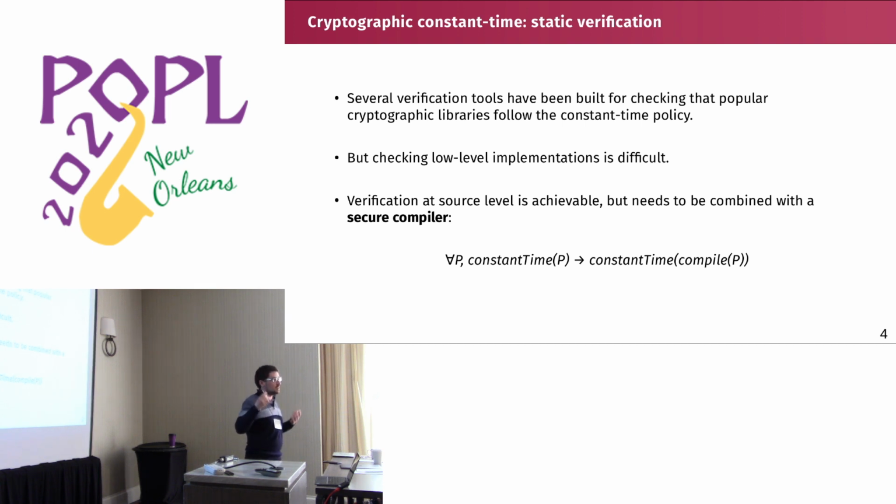Meanwhile, at the high level, the verification is achievable, but then needs to be combined with a secure compiler. So the idea is that we would like your secure compiler to show that if you compile a program P which is constant time with respect to what I've just shown before, then the compiled program also respects the constant time policy.